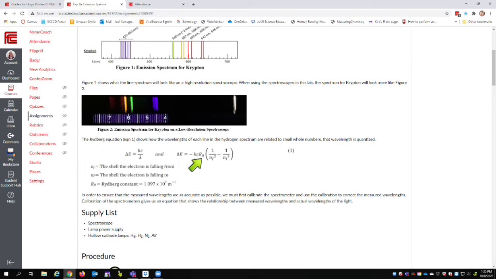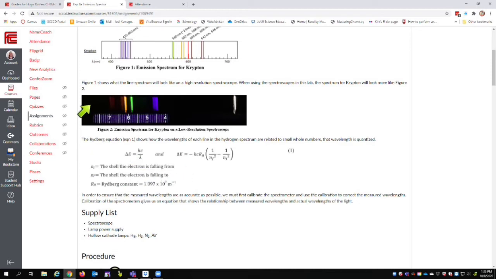The Rydberg constant is this R with a subscript H. And that is a constant that allows us to relate the energy difference between 2 levels, 2 principal quantum numbers in a hydrogen atom. And it doesn't really have a physical significance. It's just an empirical number. The other things we have in here are Planck's constant, h, and c, which is the speed of light.